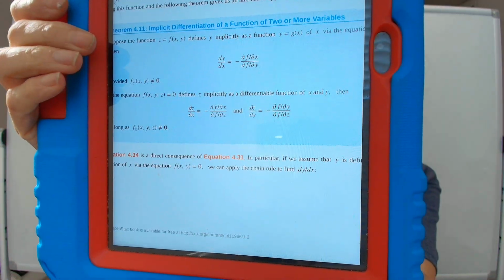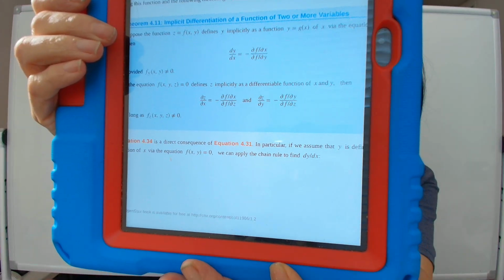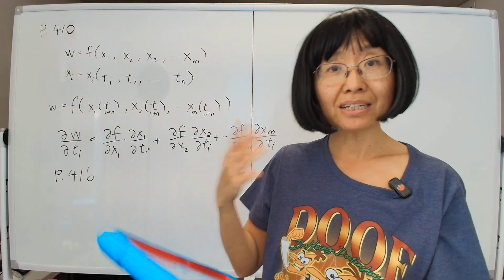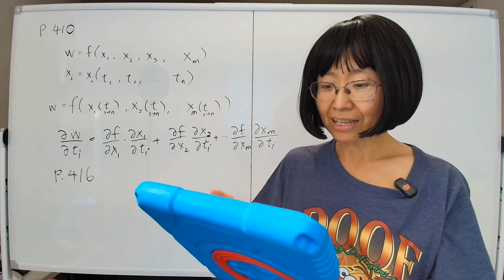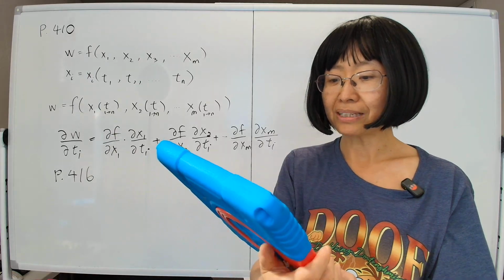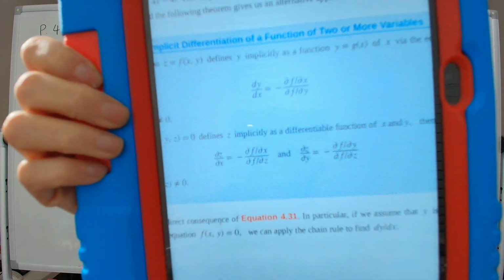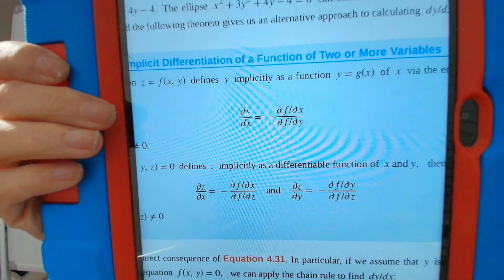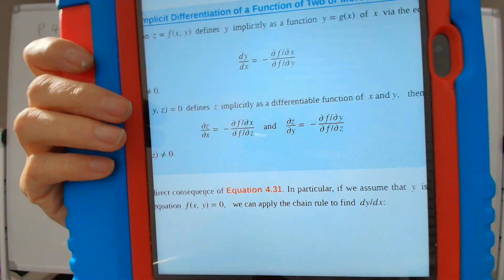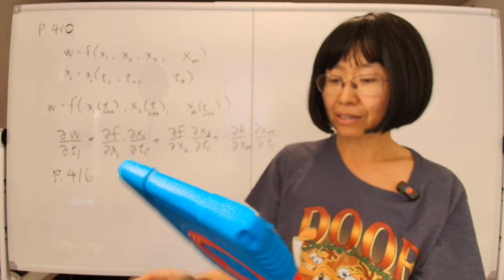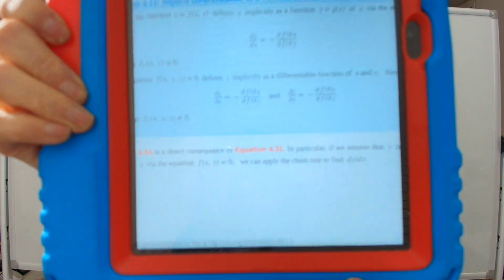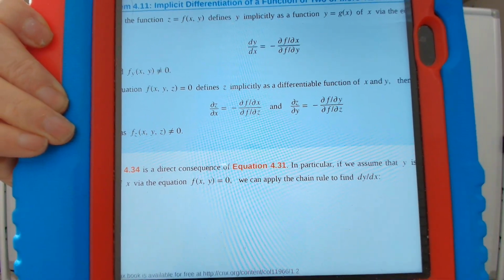If you have just one variable or something, then the implicit, what do I mean by that? Well, whatever. If z is f(x, y), okay, then dy/dx is the same as negative partial f partial x over partial f partial y, and then if there's more variables, if you have 3 variables, then you have partial z partial x and so on, and they're all negative.